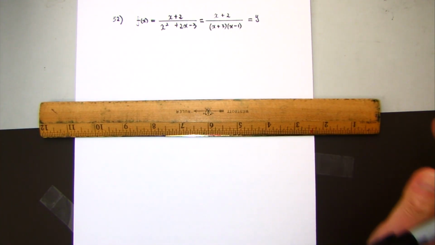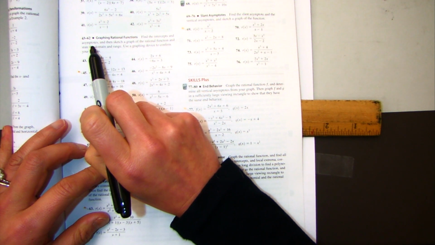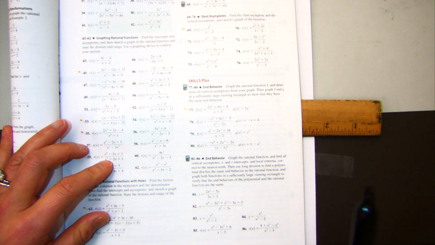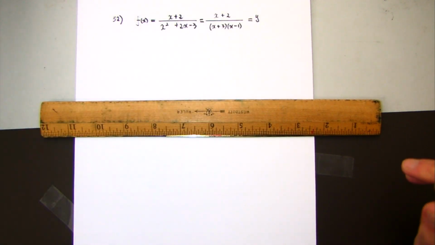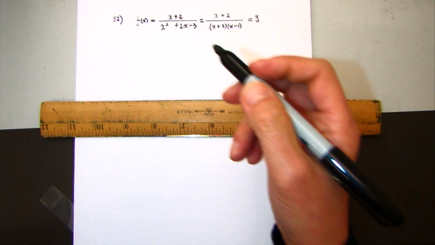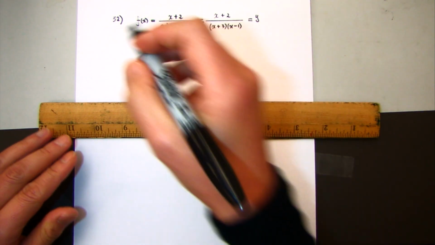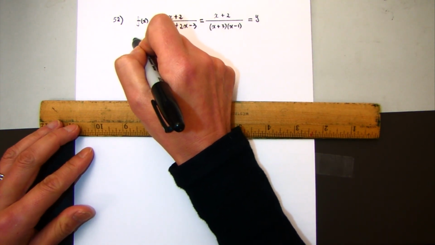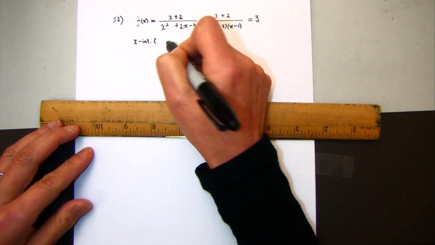All right, so that's the preparation. Let's look at the problem and see what they want from us. They want intercepts, asymptotes, and then a sketch. Oh, I have to write the domain or range. Fine. Let's do the x and y intercepts. X-intercept, where y is 0.